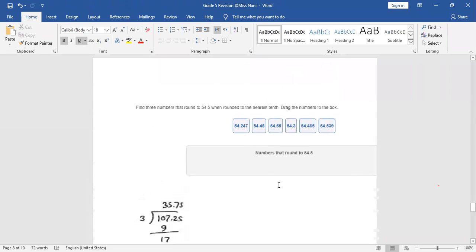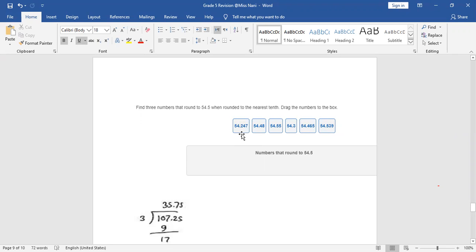And here, find three numbers that round to 54.5 when rounded to the nearest tenth. So when I want to round to the nearest tenth, I look at the number after the decimal point. If the number after the decimal point is greater than or equal to 5, I add 1 to the number.